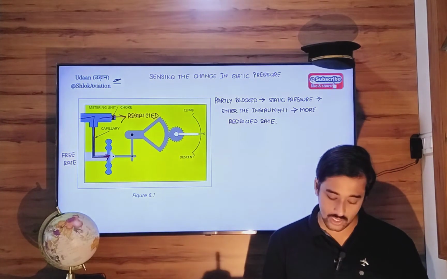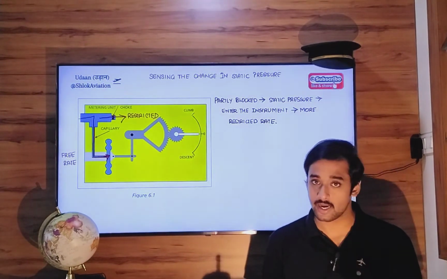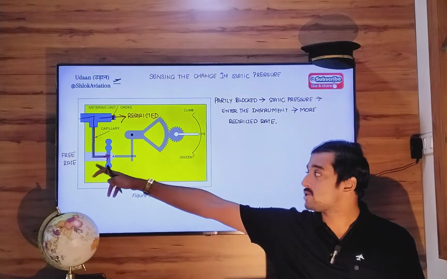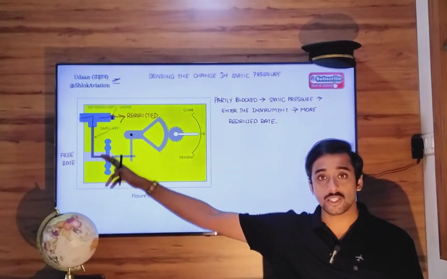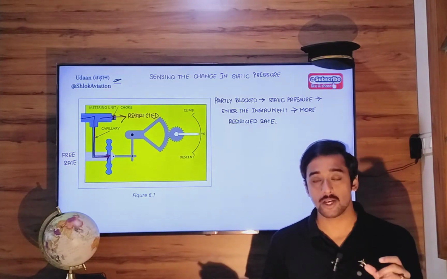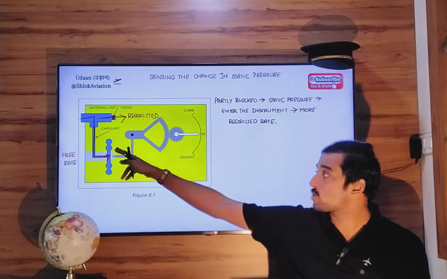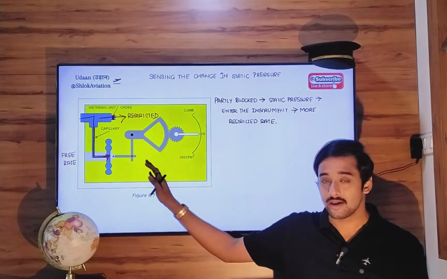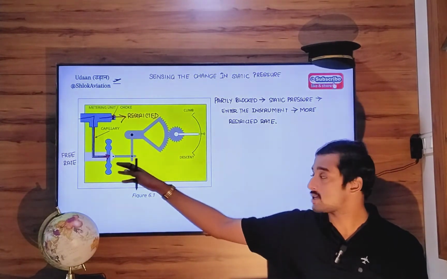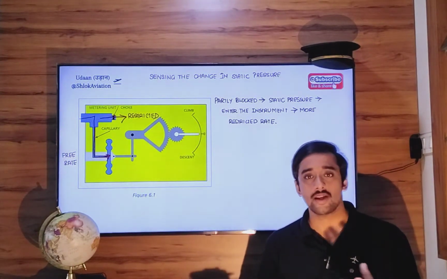So the comparison will happen between this more restricted rate and the rate at which static pressure is freely flowing to the aneroid capsule. Definitely the static pressure in the capsule will be much more than the static pressure outside the capsule, that is, in the instrument, because the instrument is getting the static pressure at a very slow rate.